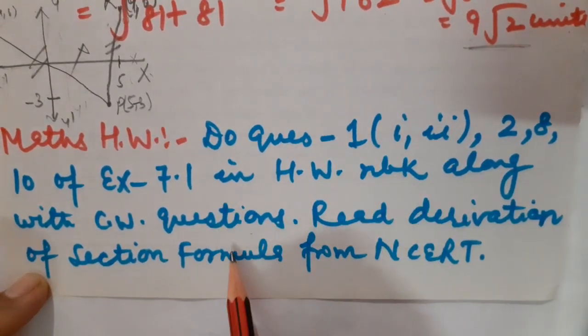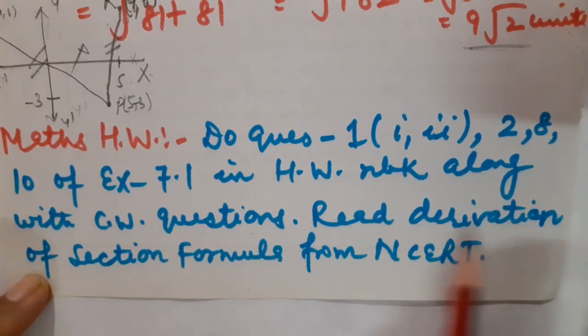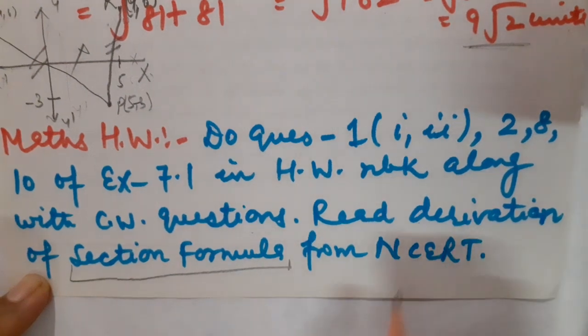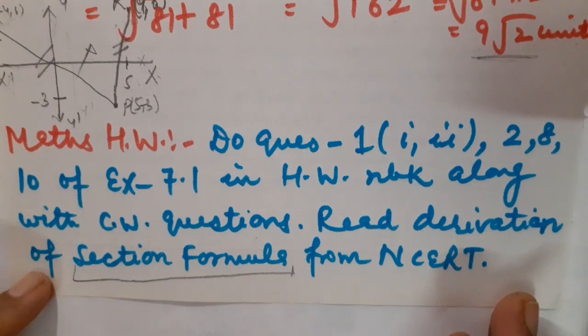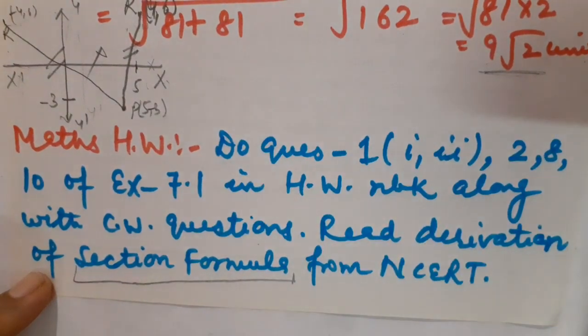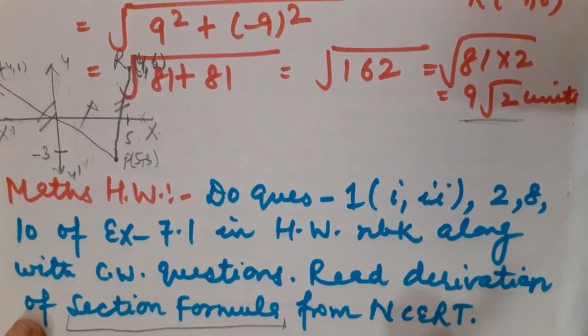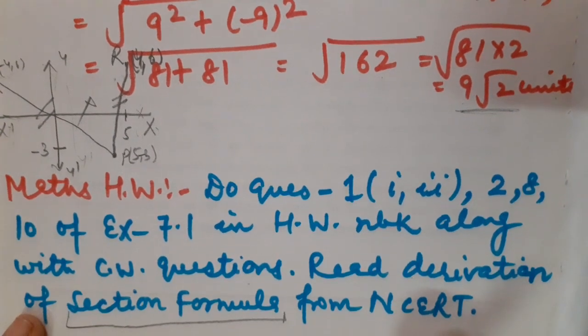Fine. Other than this, because your homework is not much today, you have to go for the derivation of the section formula. Please read it twice from NCERT so that in the next lecture you can better understand it. Fine, students? Till now, I have not covered exercise 7.1. Few questions are still left. So I will be taking those questions along with the derivation of the section formula in my next lecture.